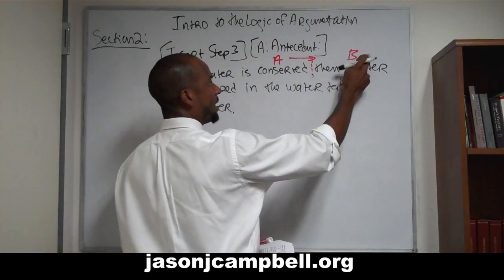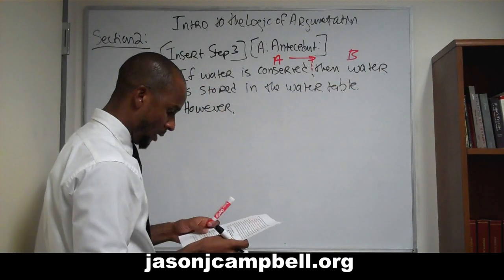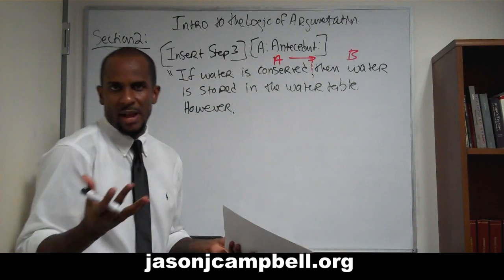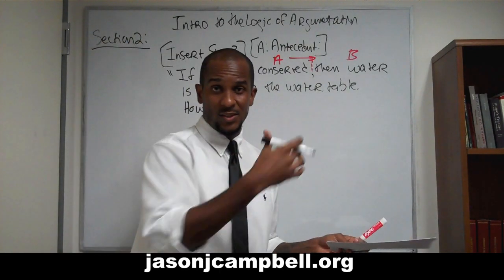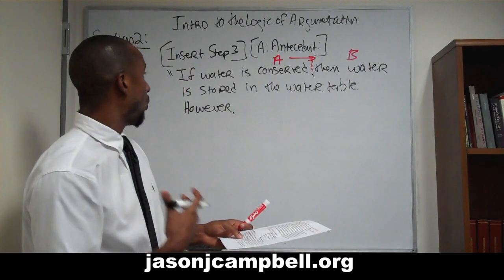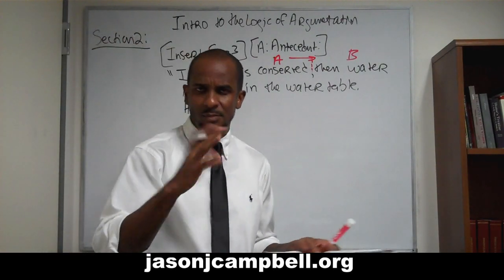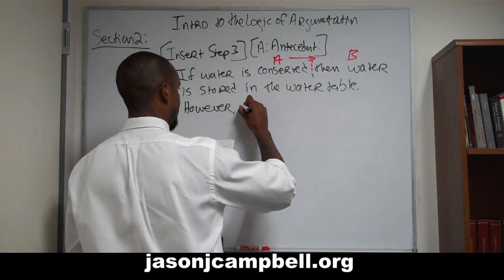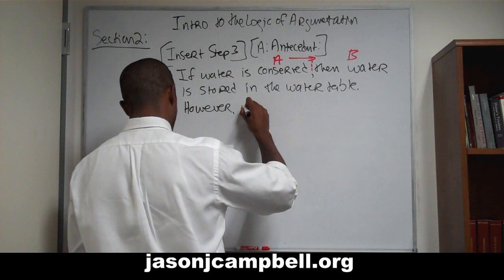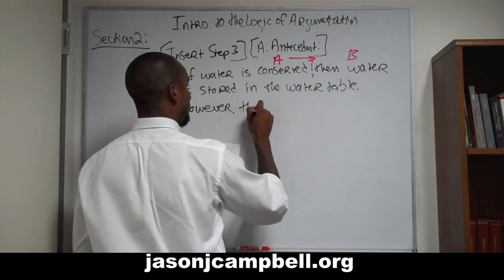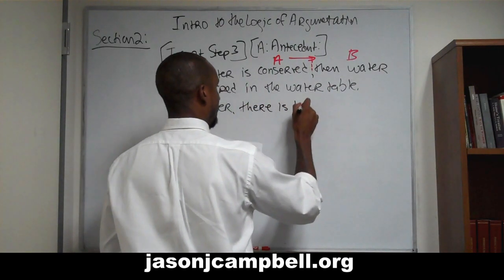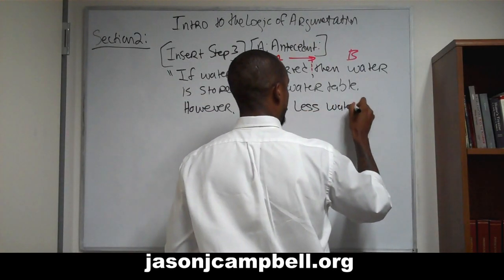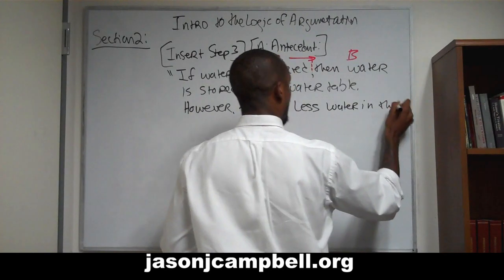However, we're going to deny this now, not B. However, there is less water in the water table. That's just the way I phrased it. You could have stayed consistent and said, however, water is not stored in the water table. Again, intuitively, we might say this differently. However, there is less water in the water table.